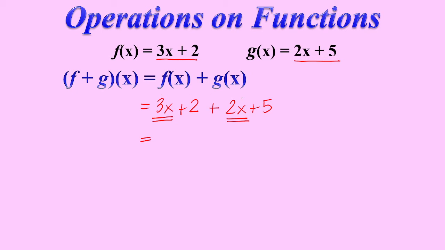Pila man ning 3x plus 2x? 5x. Walay squared. Kopyahon rin ang x. Okay? 3x plus 2x is 5x only. Sunod. Positive 2 og positive 5. Pila man na siya. I-combine. Positive 7. O, mao ni answer na ko sa F plus G.